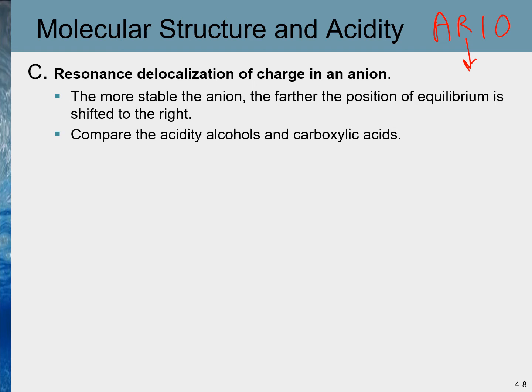So let's compare the acidity of alcohols and carboxylic acids. For example, if we have an alcohol molecule and the alcohol molecule donates a proton, the conjugate base from the alcohol will be this alkoxide ion.